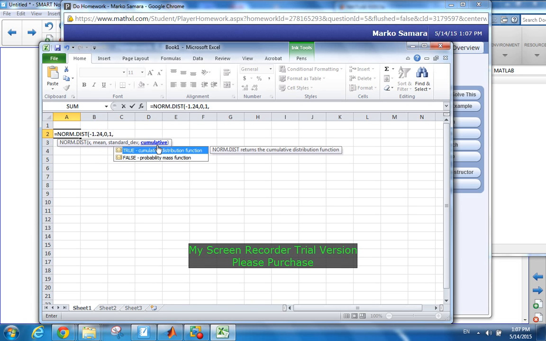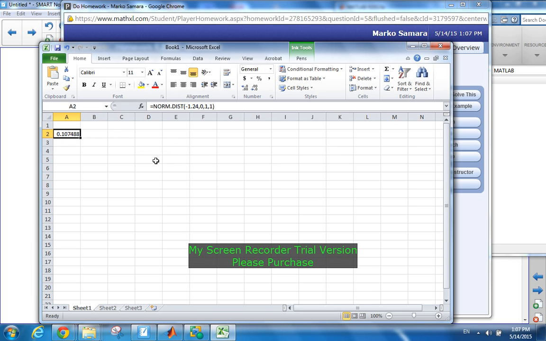And the last argument, cumulative, should have value true or false, or 1 or 0, so true for 1, 0 for false, if you want cumulative. The other one is probability mass function, so that's actually not what we are interested in. So we need 1. Okay, so 1 means yes, cumulative, and when we hit enter, this is what we get.